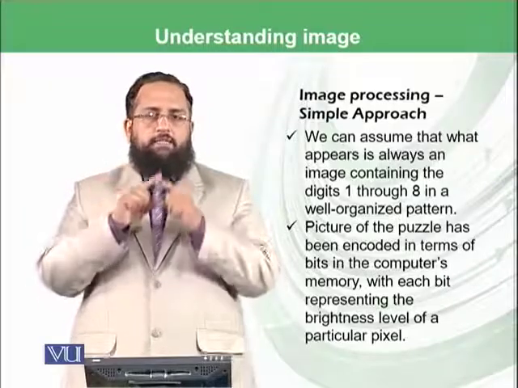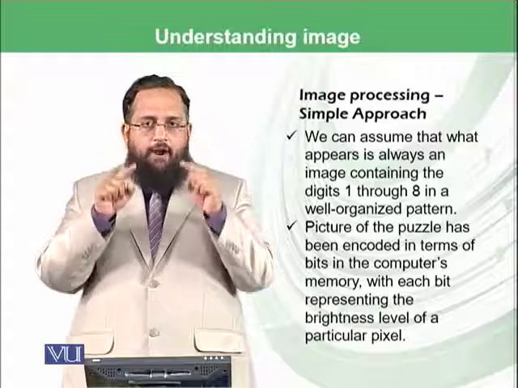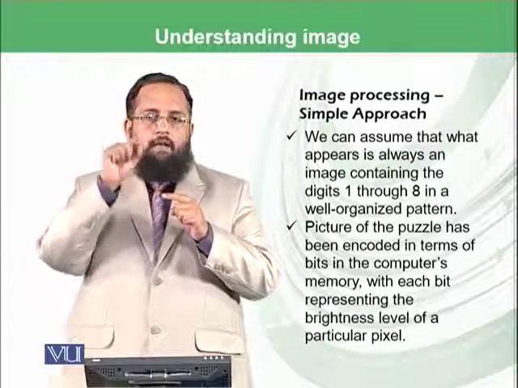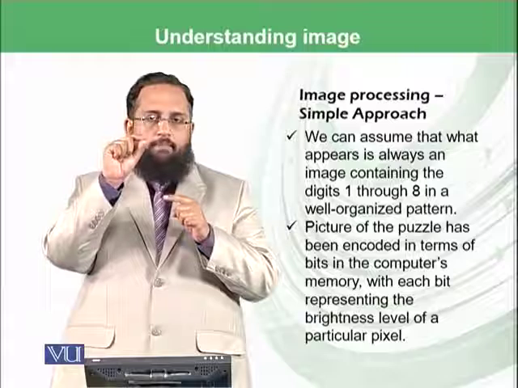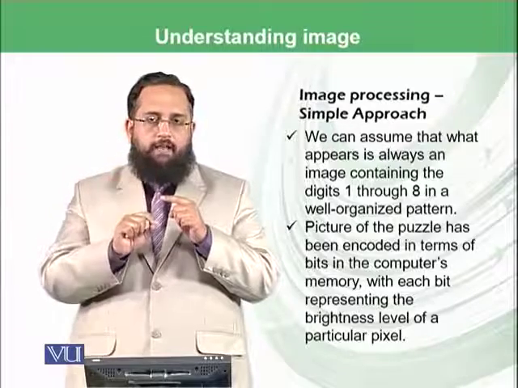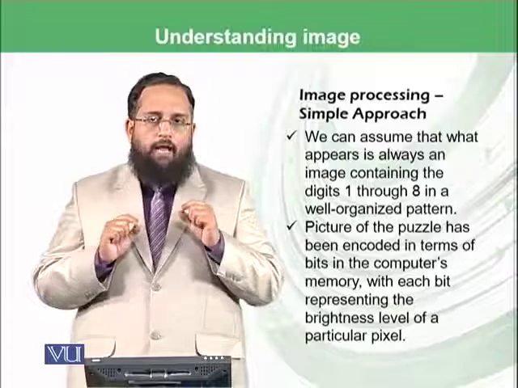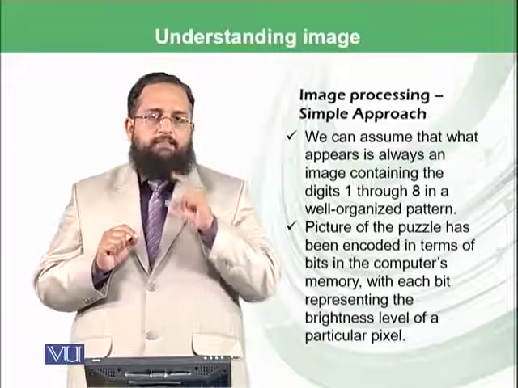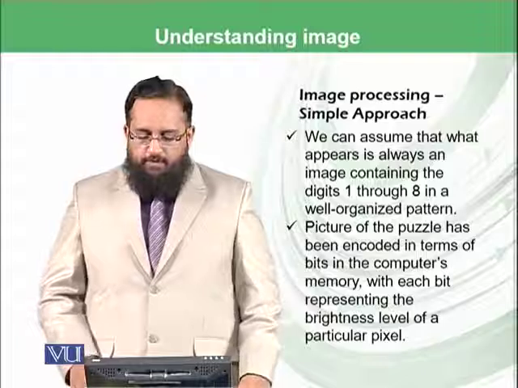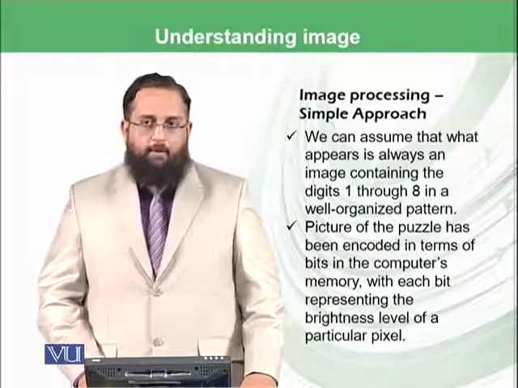Let's say this square has 100 by 100 pixels. And if you find that pixel numbers, for example, 28, 39, 49, 59, 69, are less bright, this means that this is written 1. This could be the simplest way, with each bit representing the brightness level at a particular pixel.